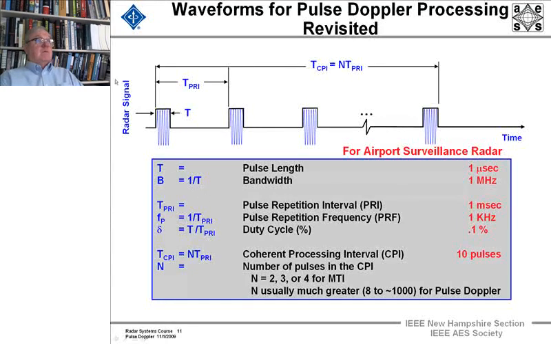We're talking about processing data from N pulses, and we call that a coherent processing interval. We're going to process that data for each range azimuth cell. For an FAA radar, we're going to process 10 pulses coherently, then change the PRF and process 10 more pulses independently at a different PRF to resolve ambiguities for this particular radar configuration, an airport surveillance radar.